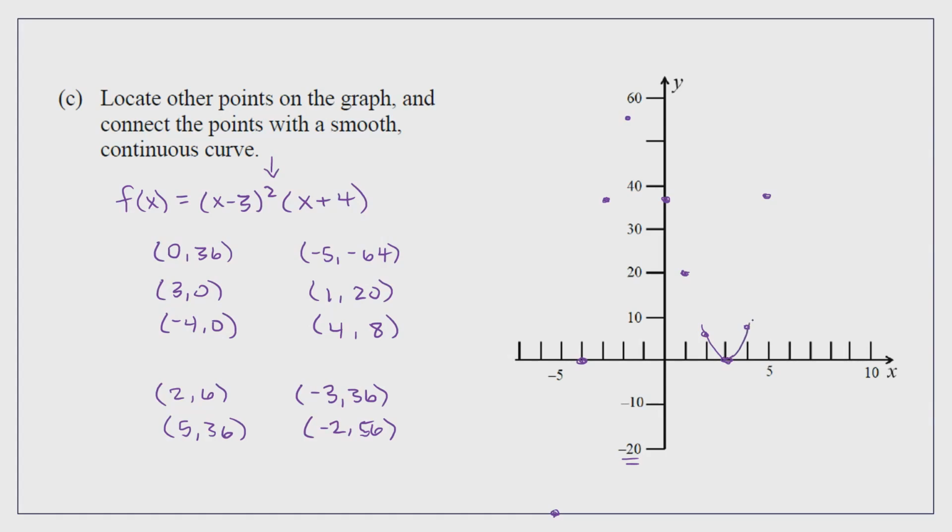Now, x plus 4 gives us a 0 of -4, and it has an odd multiplicity because there's a power of 1. Therefore, it crosses at -4. So that's why our line is going to go like this. Okay. So now we can connect our dots.